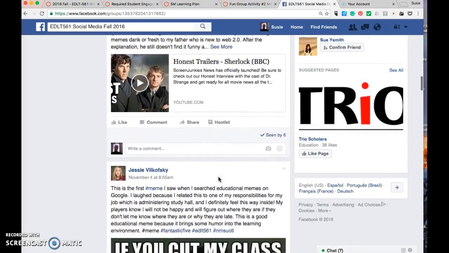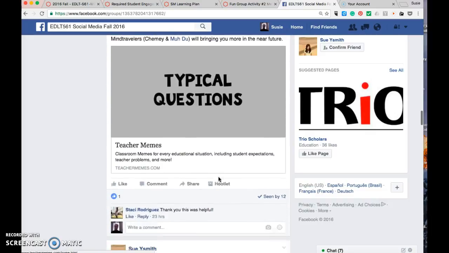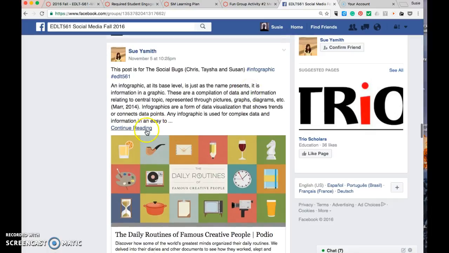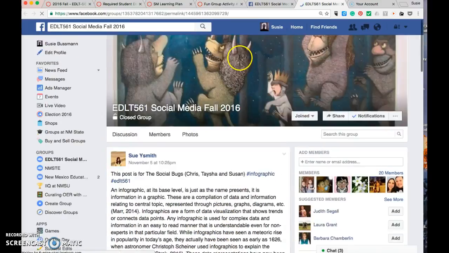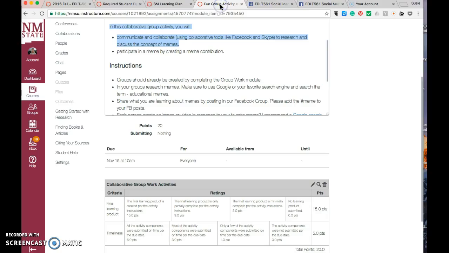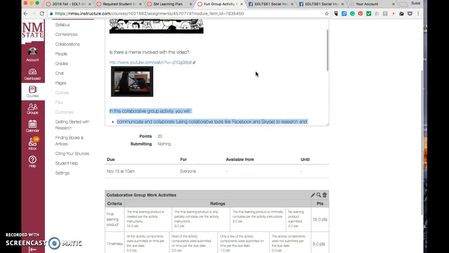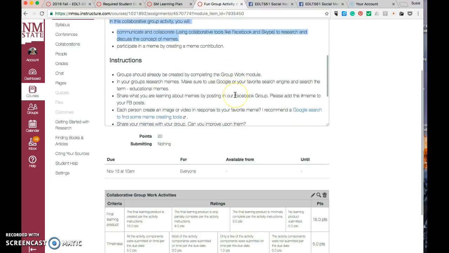There's more memeing discussion. And I know there are groups that have also done infographics. So the Social Bugs here, for example, have hashtagged #infographic. And you do research per the instructions, and there's one post here for the infographic activity versus the meme activity, which has individual posts. So please read the directions.